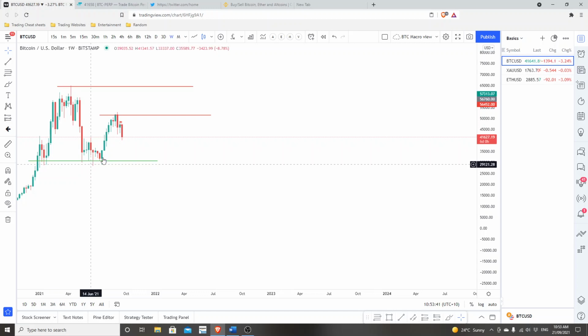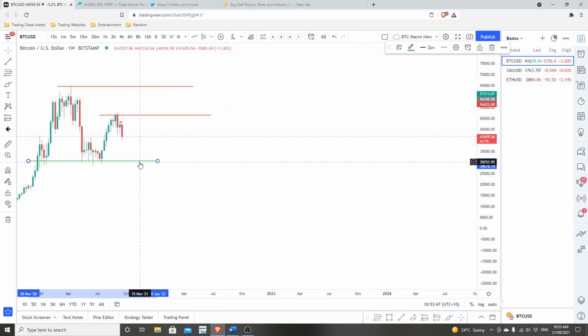So every time it comes back to this green area on a weekly chart, until it breaks, you're looking to buy. And every time it comes up to these red lines, if it doesn't break, you're looking to short until the market tells you otherwise. Let's look at what would tell you otherwise.